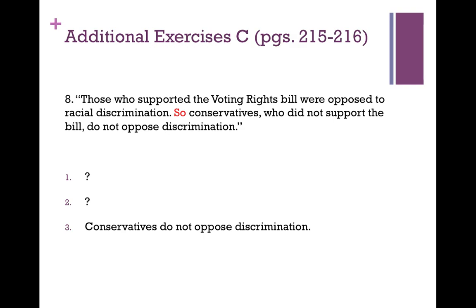Well, if it's particular, we're only talking about some conservatives. So when I say some, it could be that half of them didn't support the voting rights bill. Or it could be universal. Am I talking about every single one? Every person who's a conservative, did none of them support the bill?